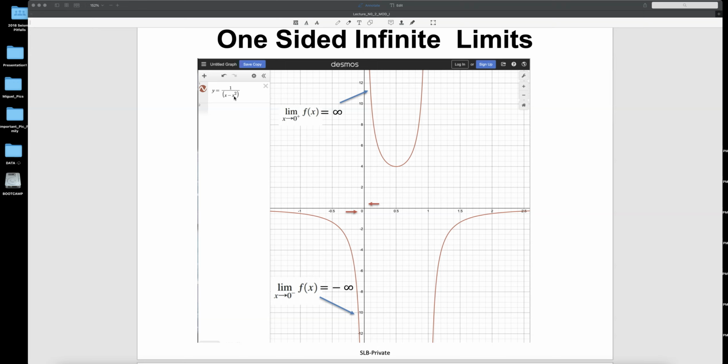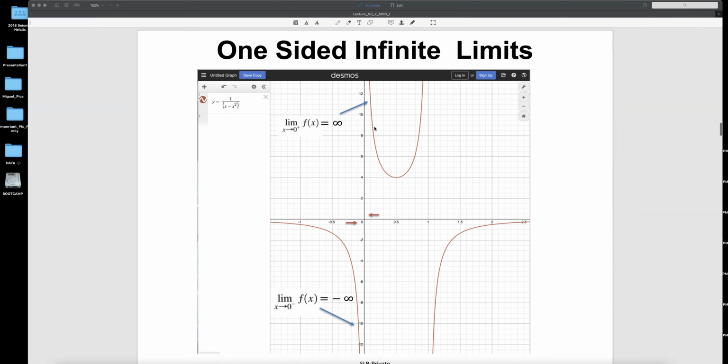As you can see here, it's very easy to find out that we have two zeros. This is a quadratic function. One zero is going to be x equals 0, and the other zero is going to be x equals 1. So what is going to happen around those two values?